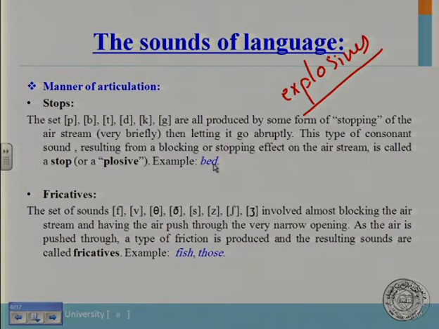There is a stop of the air stream, very briefly, and then letting it go very fast. This type of consonant sound results from a blocking or stopping effect on the air stream. That's why this group is called stops or plosives.